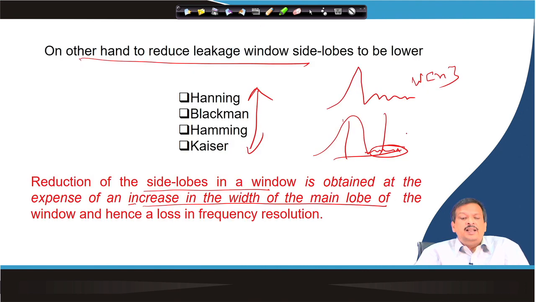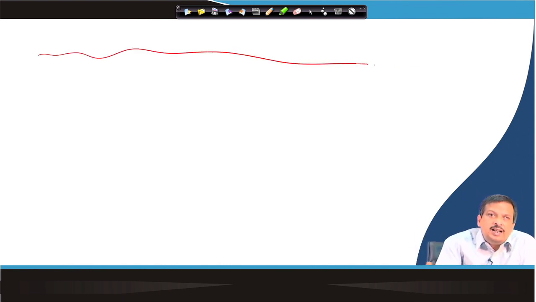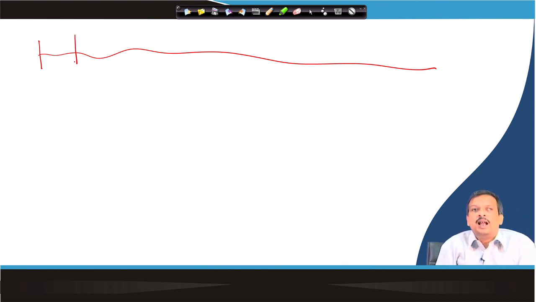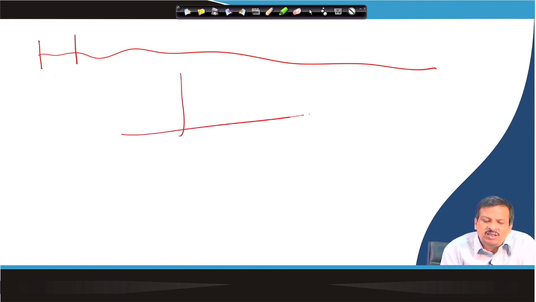So, in summary, when I want to analyze a long signal in the frequency domain, I have to multiply the signal with a window. And the choice of the window depends on what I want. If I use a rectangular window, the leakage is much more. So, with the rectangular window, my spectrum may look like this.